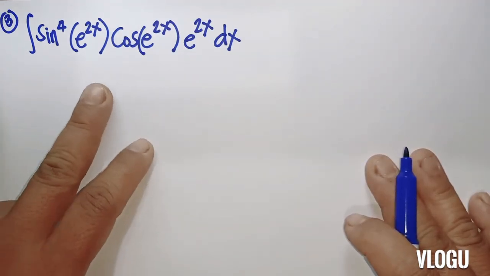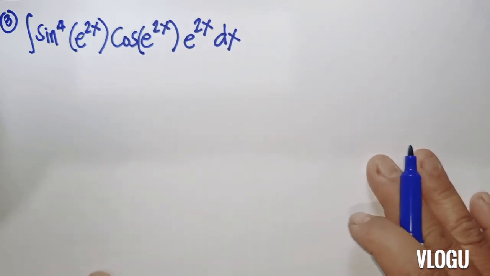Next, the integral of sine to the fourth (e to the 2x) cosine (e to the 2x) e to the 2x dx.